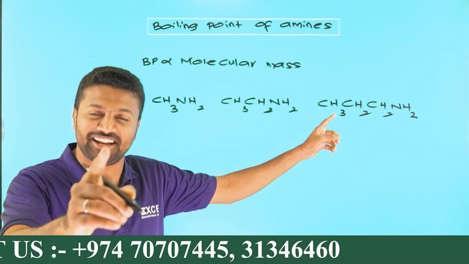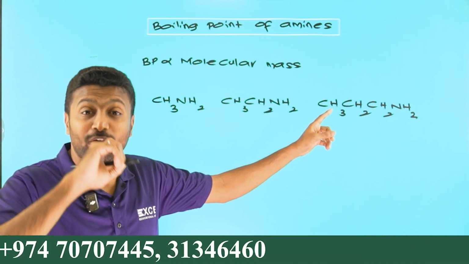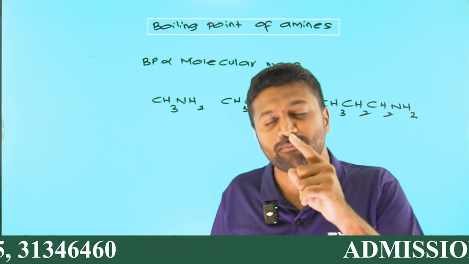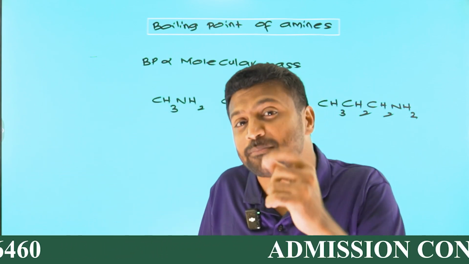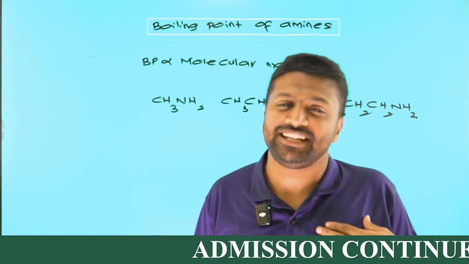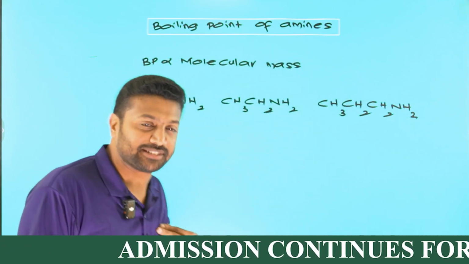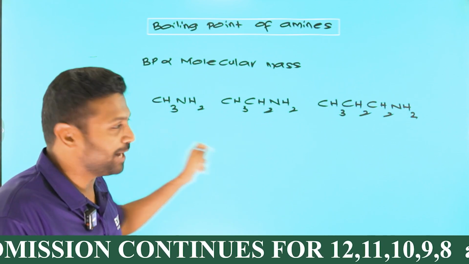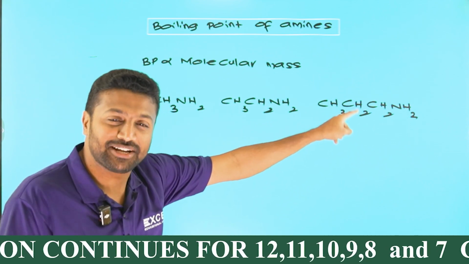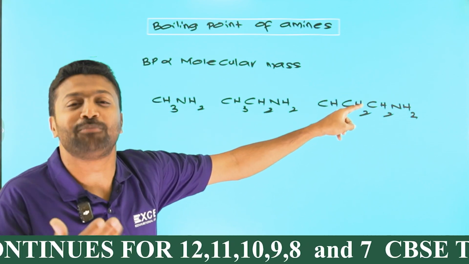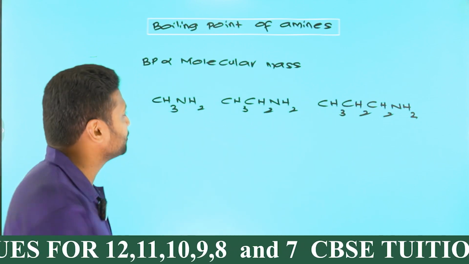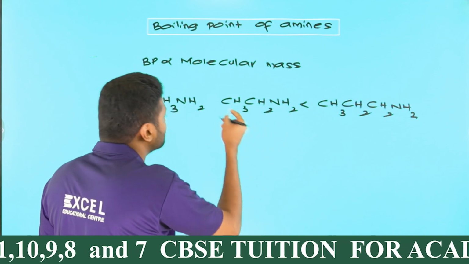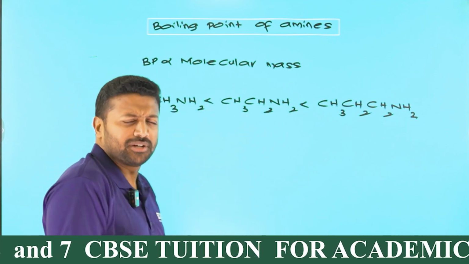The first criterion deciding the boiling point of an amine is molecular mass, and boiling point is directly proportional to molecular mass. Here we have three carbon, two carbon, one carbon. More carbon means more mass, which means a higher boiling point. So the order of boiling point will be high for this one, then this one, then this one: 3 carbon, 2 carbon, 1 carbon.